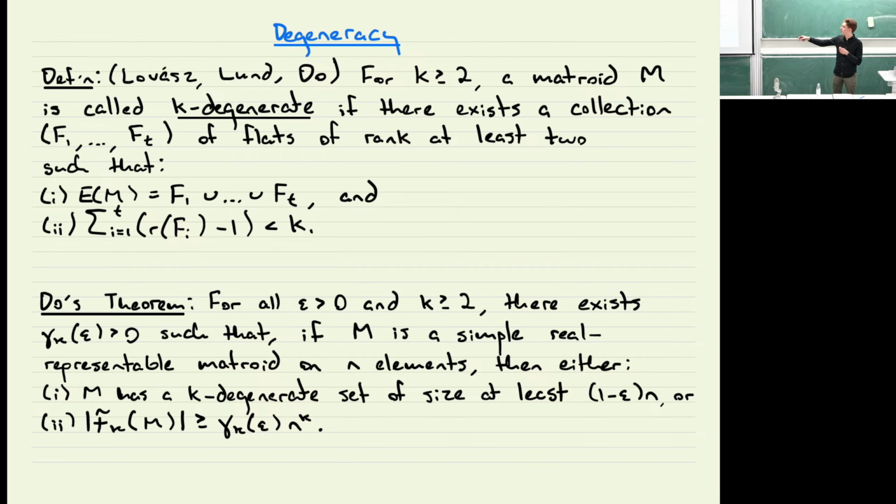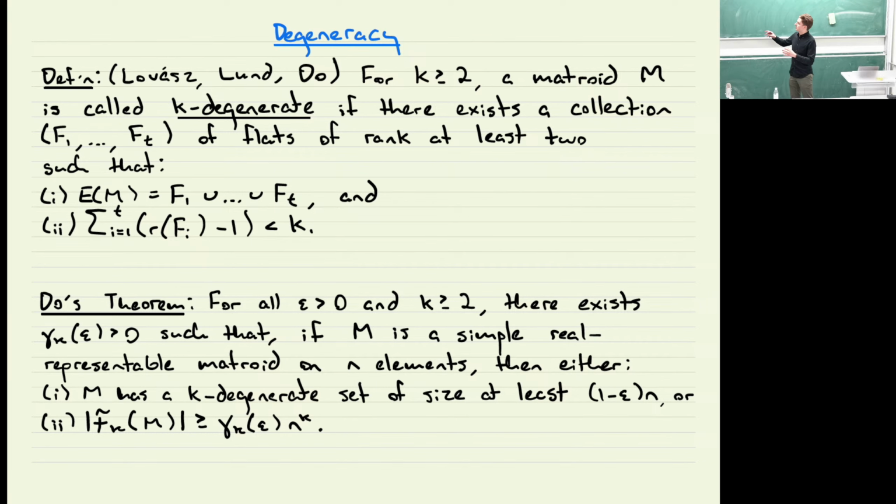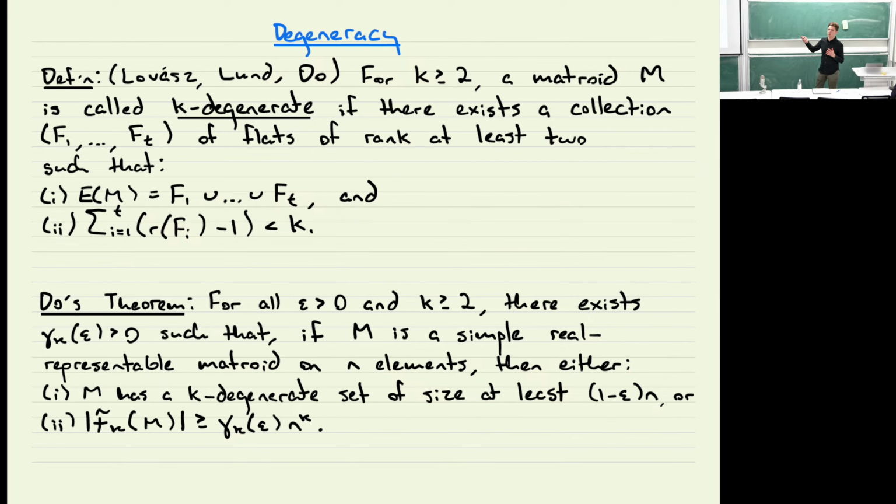This is what I mean by script F sub k, the set of rank k flats. Or you have a k degenerate set, which is as large as you like. Okay, so this is a very nice theorem that's giving your matroid lots of structure, and this is going to play the role of Beck's theorem in the proof of this theorem about planes.